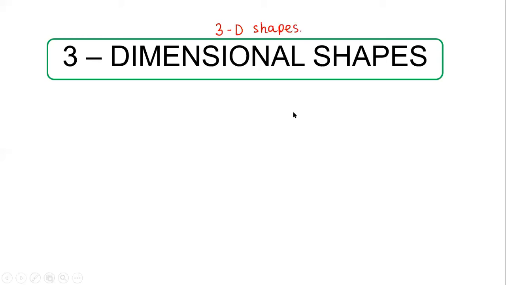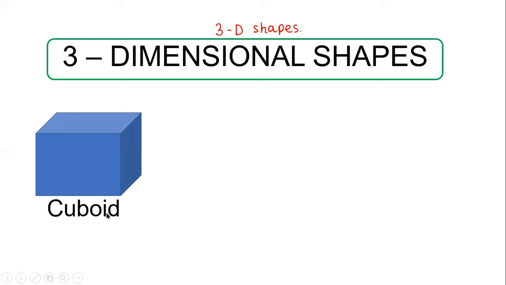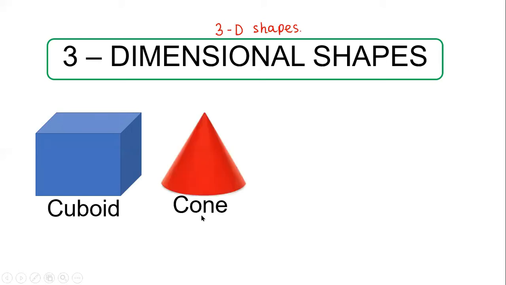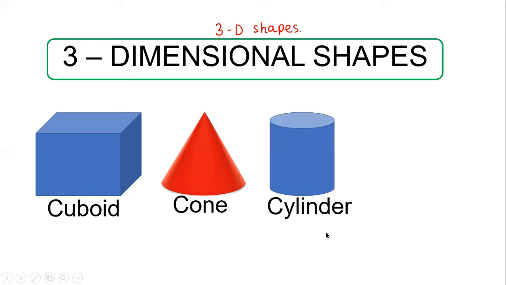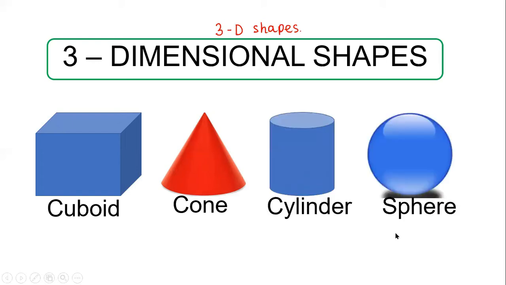We looked at a cuboid, a cone, a cylinder and a sphere. Cuboid, cone, cylinder, and sphere. Remember, we said that a cuboid has 6 flat faces, 8 corners, and 12 edges.